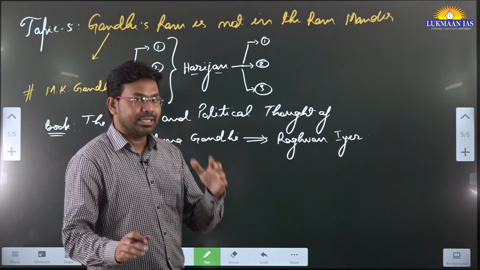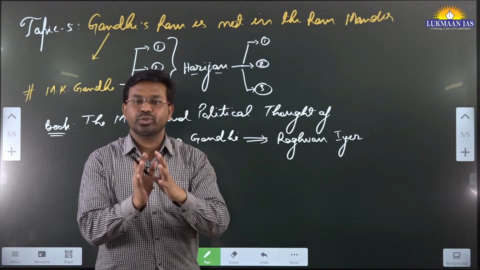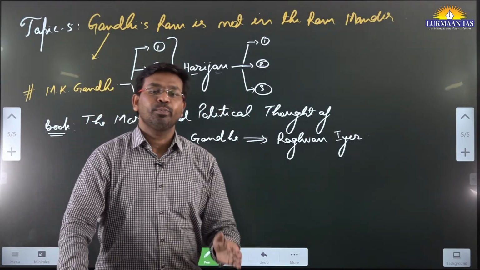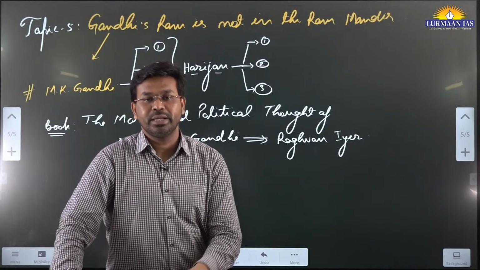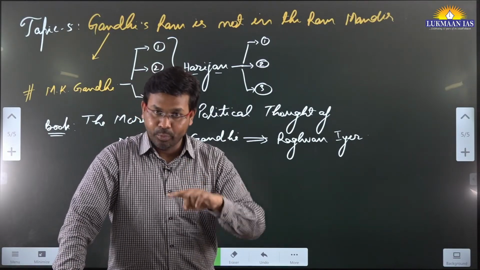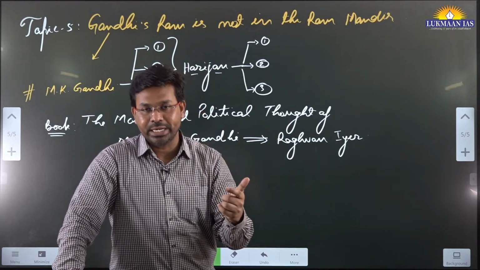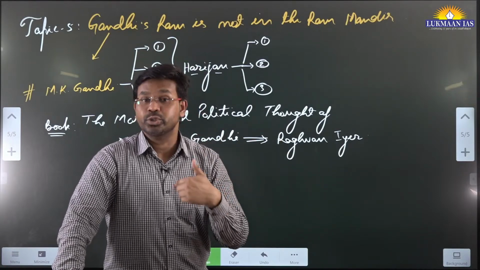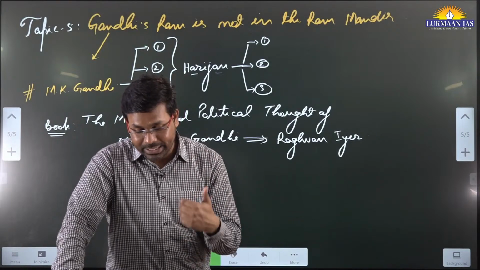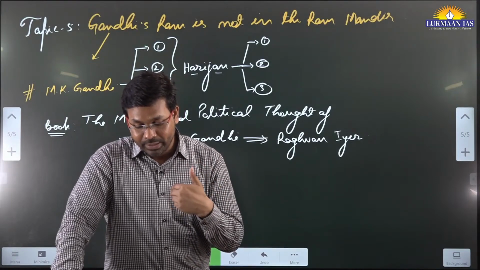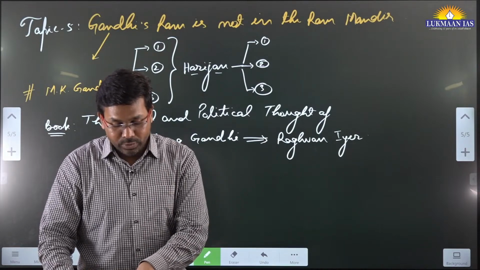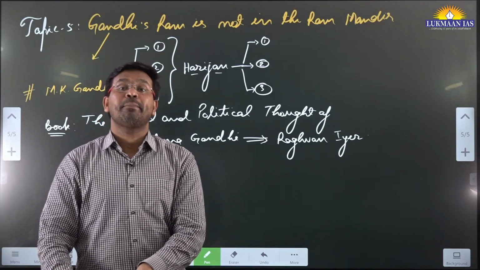The follower of Gandhi is asking that if you bow in front of a human being, he replies in return, but if you bow in front of an image of a deity, he does not reply.